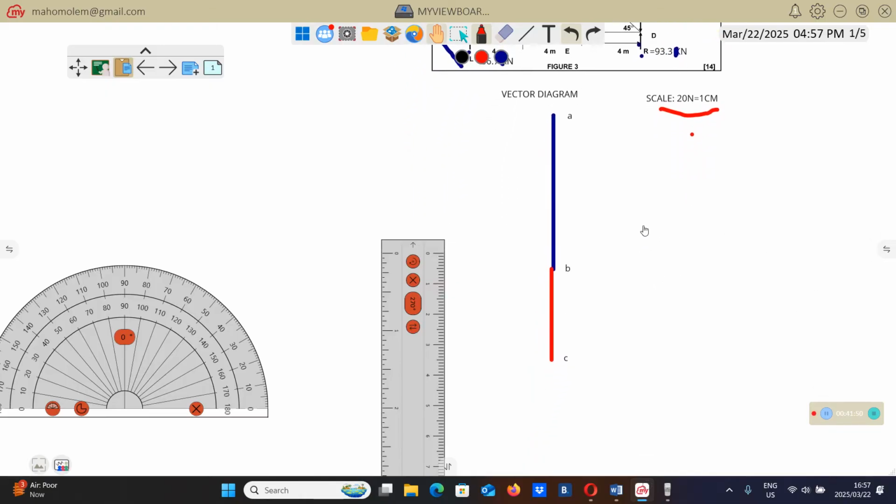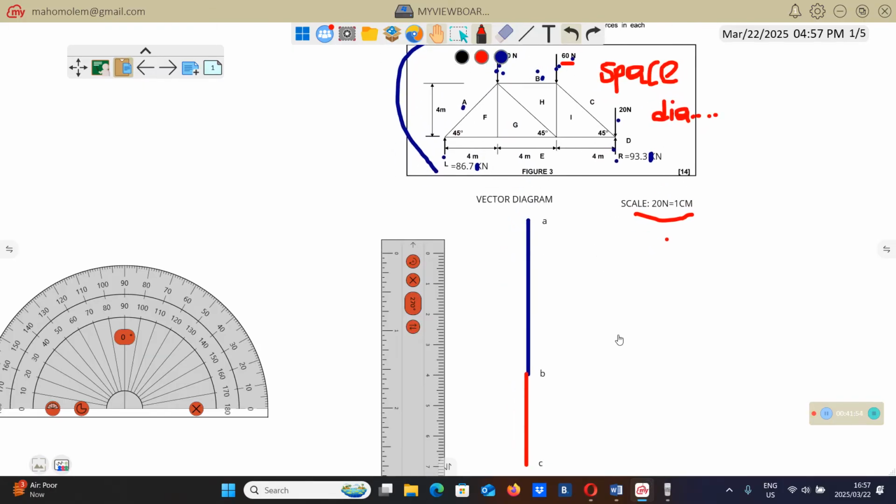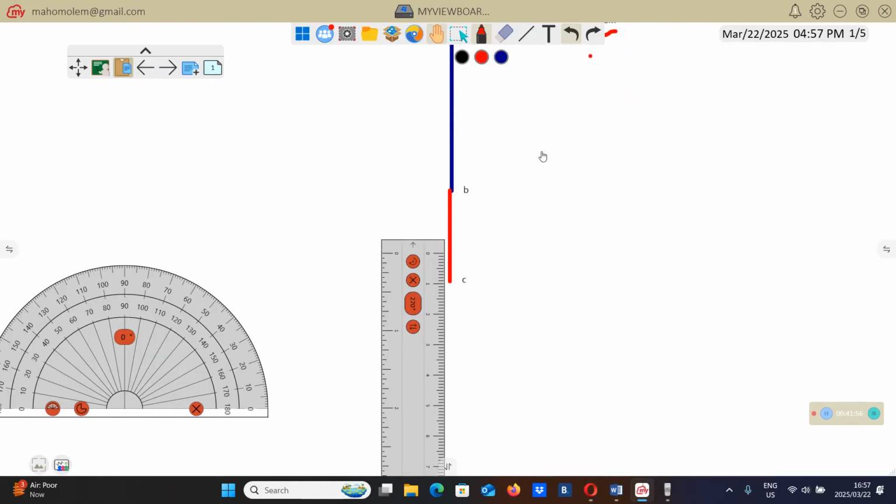So I'm going to draw a line which will represent 20 Newton going down, but the length of that line we have to make 1 centimeter. Then I draw another line from here to there, 1 centimeter.